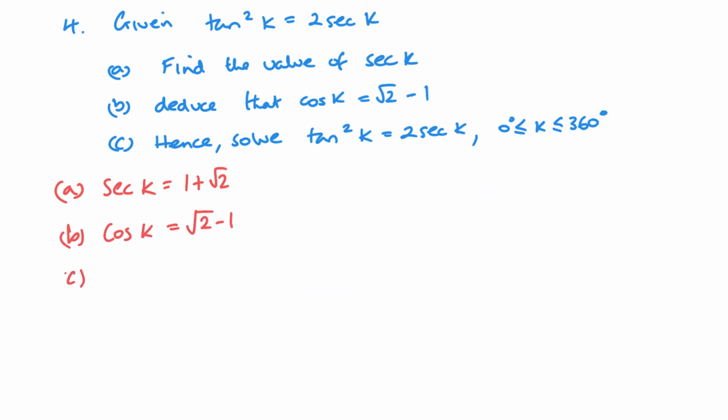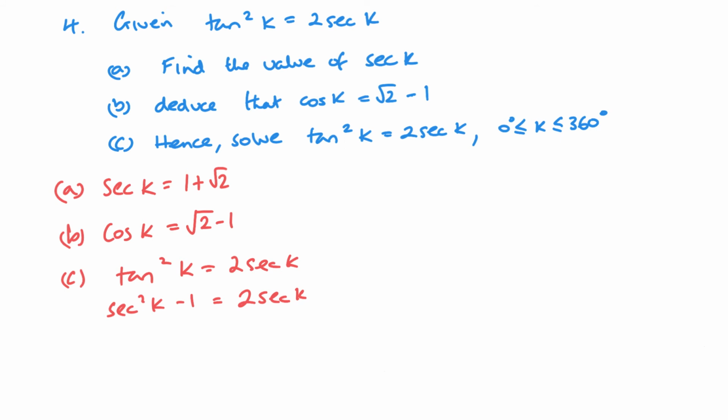Okay, part C, solving. So tan squared k equals 2 sec k. Tan squared could be replaced by sec squared k minus 1. And if you're not careful, you could go through working all this out from scratch in part C. But if you remember, this is what we did in part A to get to the sec.